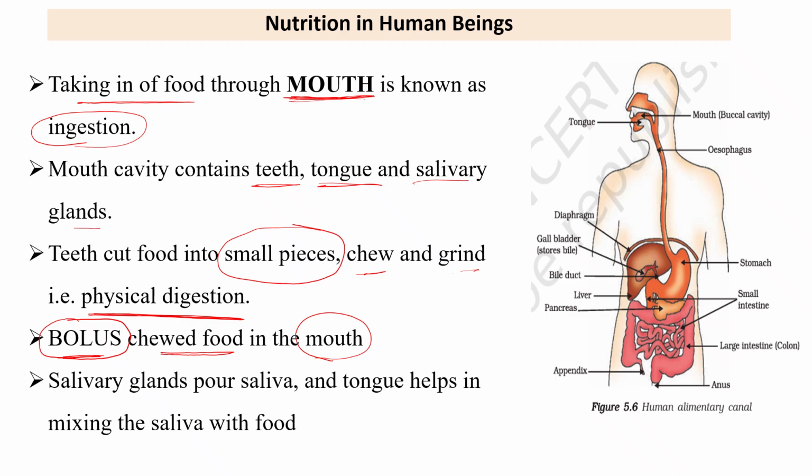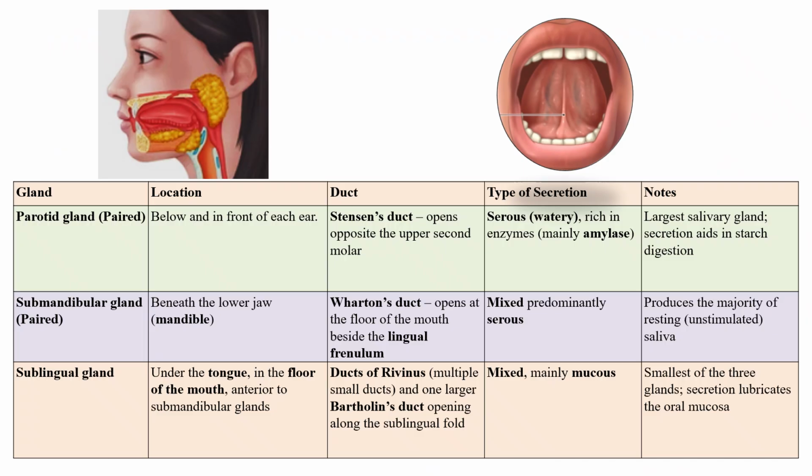Now comes into action the salivary glands. The salivary glands secrete saliva, and the tongue helps in the mixing of saliva with food. Salivary glands are three in number: parotid, which is a paired gland; submandibular, this is also paired; and sublingual gland, this is unpaired. Now the location of the parotid gland: you can see this is the parotid gland.